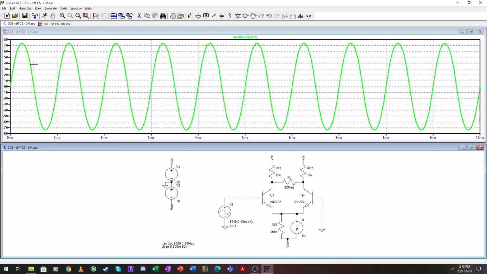Okay, so our gain is already decreasing due to our inputs being too large. Right, so that is one of the problems that we have with using the BJTs here.